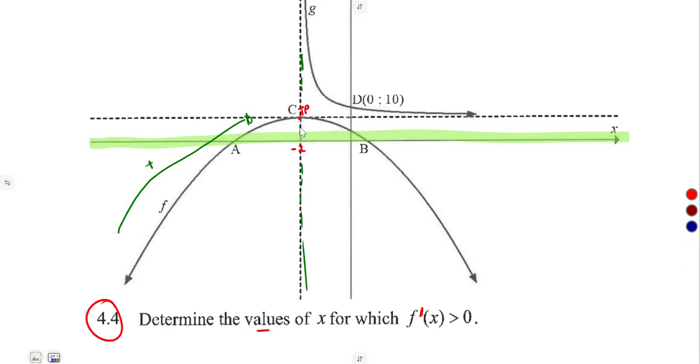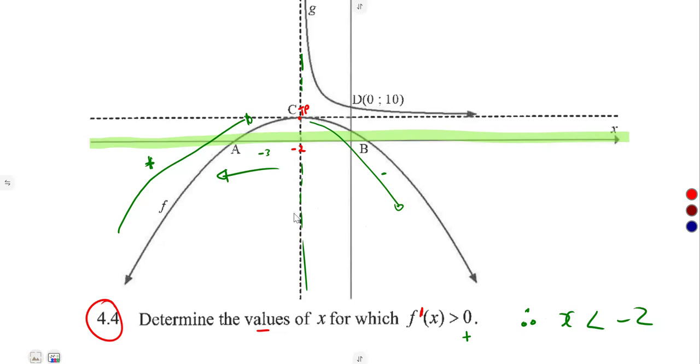From minus 2 at the turning point like this, what is happening? The graph is going down. That's a negative. So we need where it is positive, greater than 0. So where it is positive, that is the values from the turning point going this side, minus 2, minus 3, minus 4, and so on. These values are less than minus 2. So therefore, x is less than minus 2, just like that, where the first derivative is greater than 0.